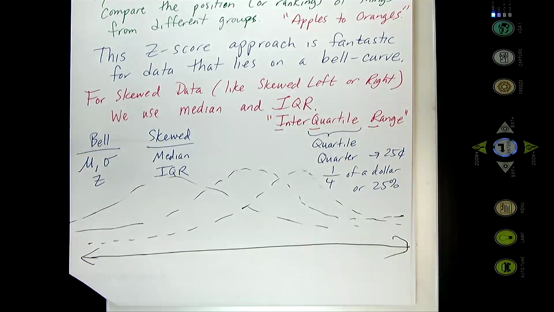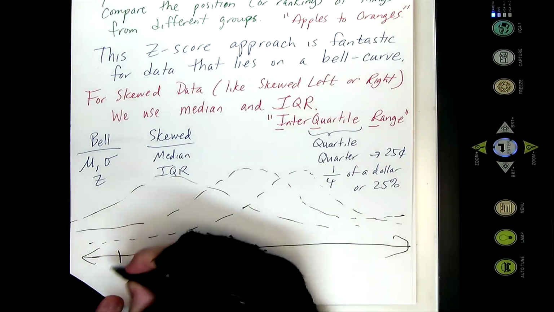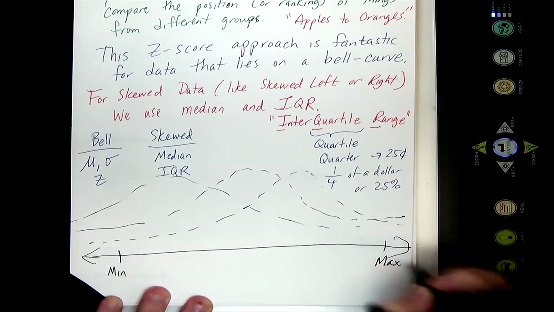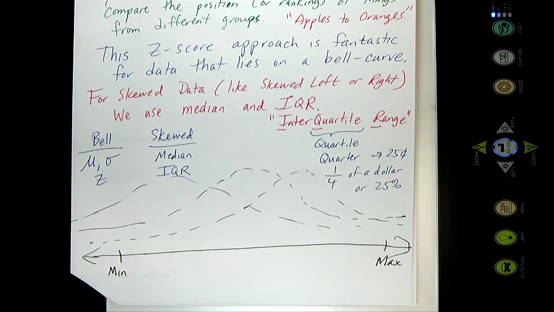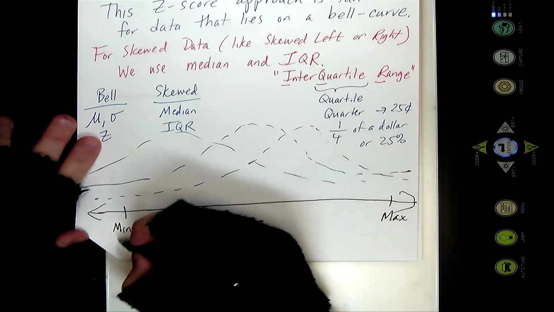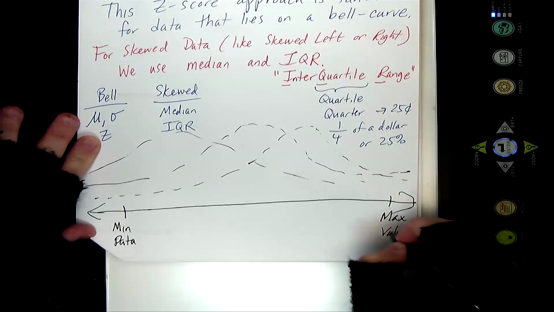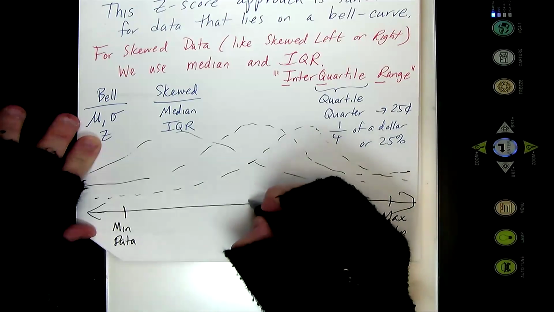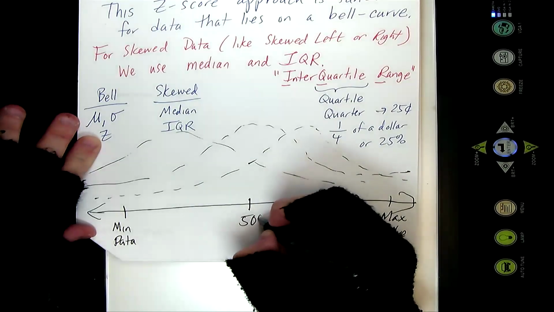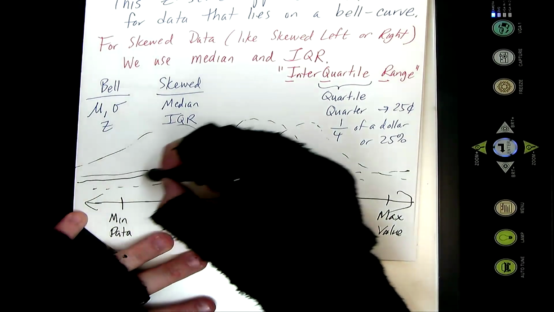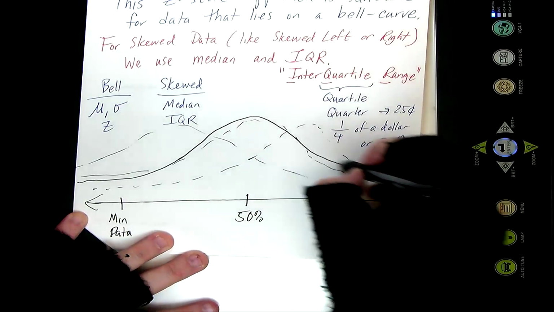The idea is, and we'll show it really well when we do the box plot, if we say the minimum is down here and the maximum is up here, like the minimum score or the minimum data value, then the middle is on the bell curve. So what I'm gonna show is the bell curve version, because it's slightly different for the skewed ones.